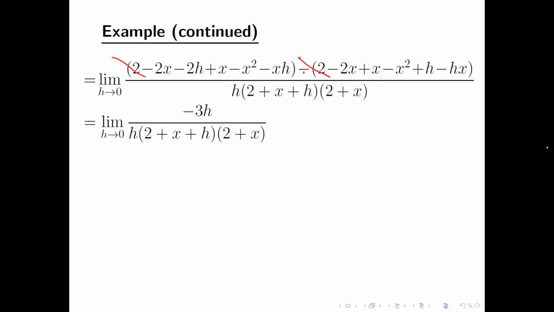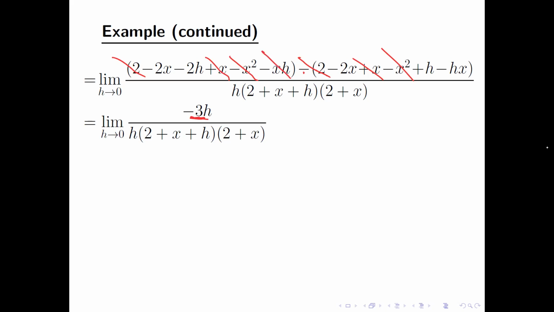So minus x will take care of this positive x. And again, minus 1 multiplied by minus x squared is going to be positive x squared, which will take care of this one. And again, you have minus h and minus 2h. This will give you minus 3h. So minus 1 multiplied by minus hx will give you positive hx, which will take care of this negative hx.